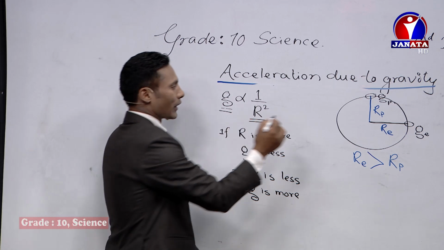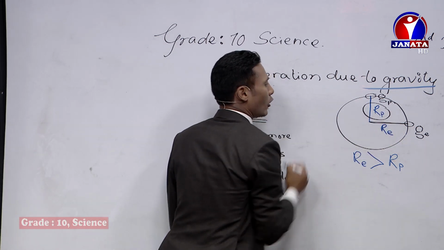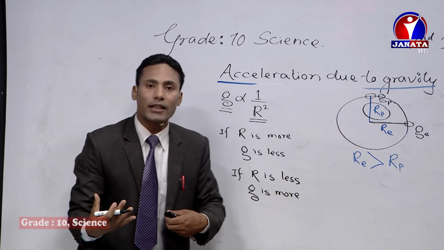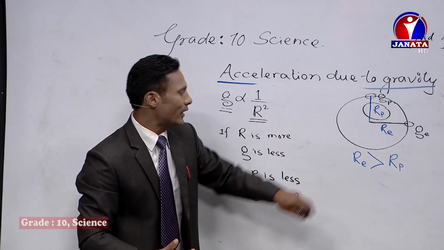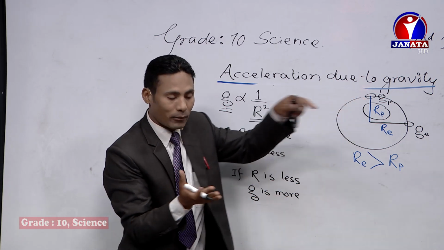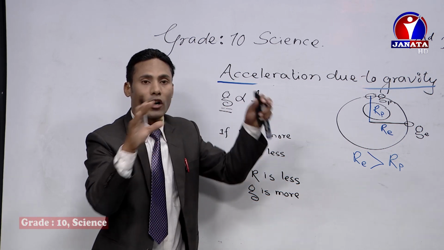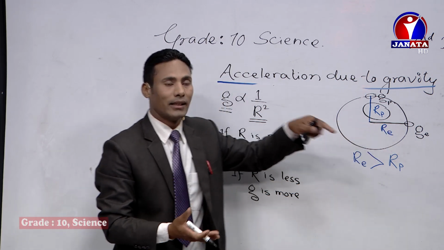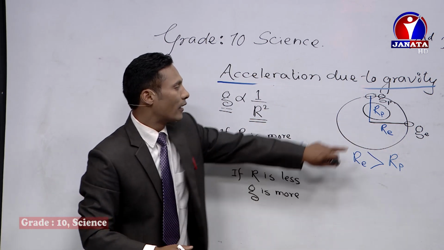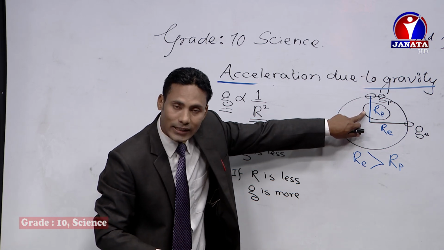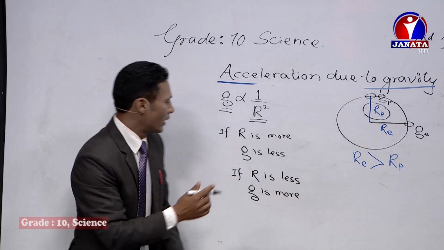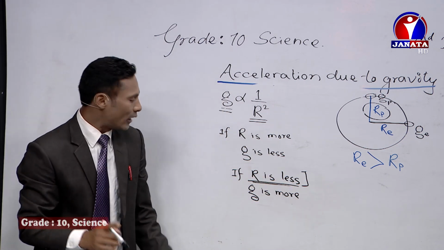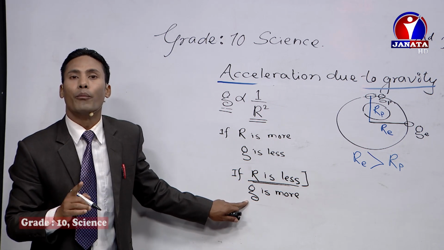Now look here, this is the radius of earth in the polar region, right? When we check the radius of the earth in the polar region, the radius is less. The earth is not completely a sphere; it is bulging at the equatorial region and thinner at the polar region. That means the radius of the polar region is less, so the value of acceleration due to gravity is more.